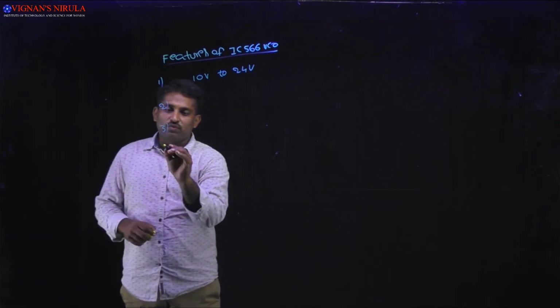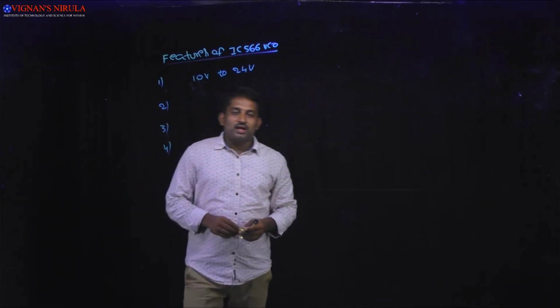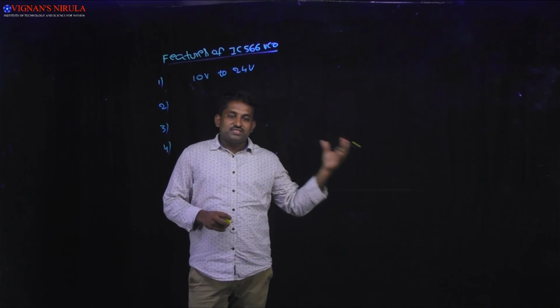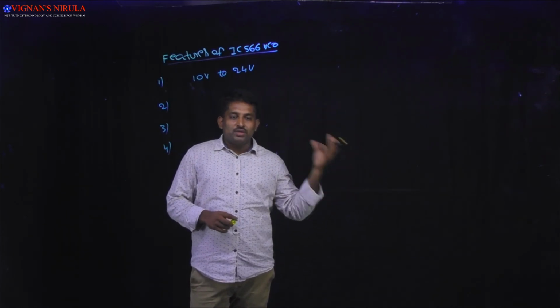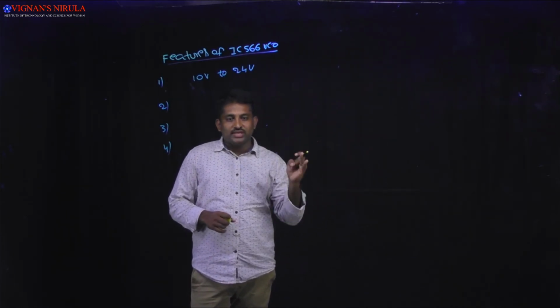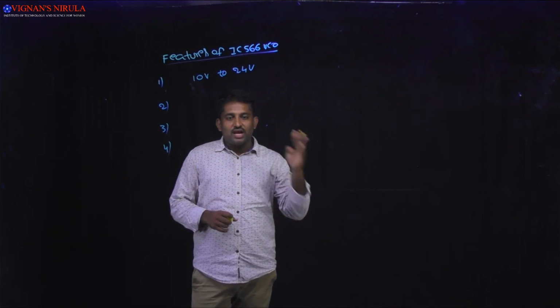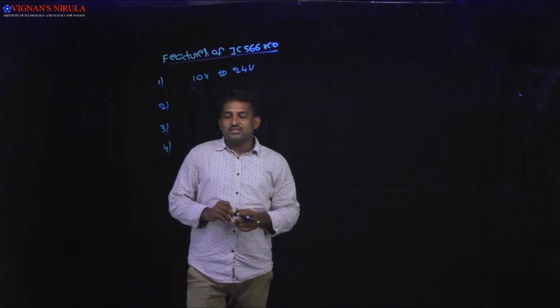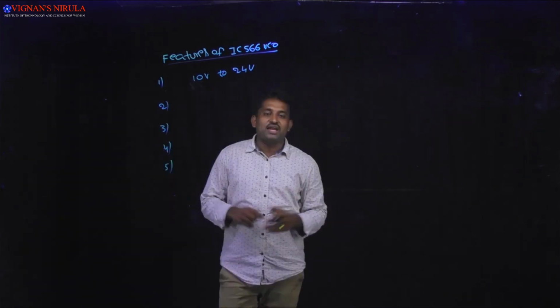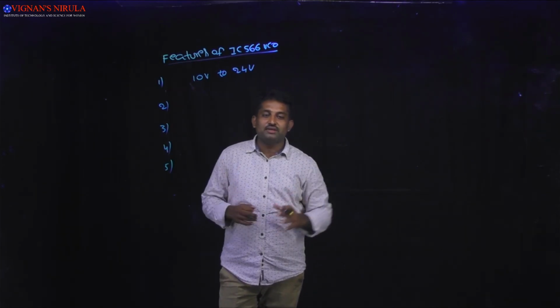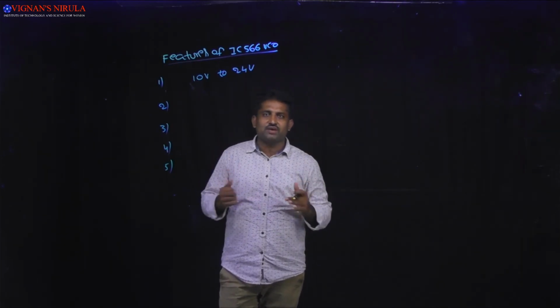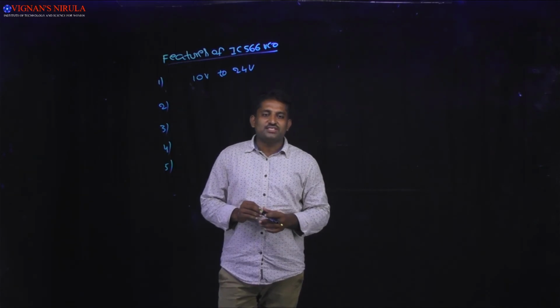And the fourth one is the frequency can be controlled by using current, voltage, resistor and capacitor. Last but not the least is high temperature stability. These are the main features of the IC566 VCO.